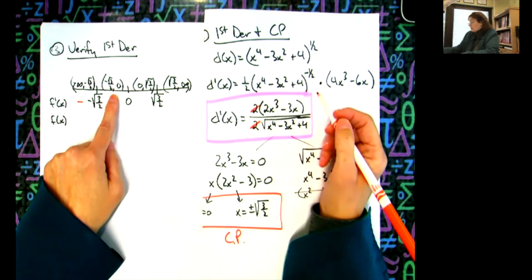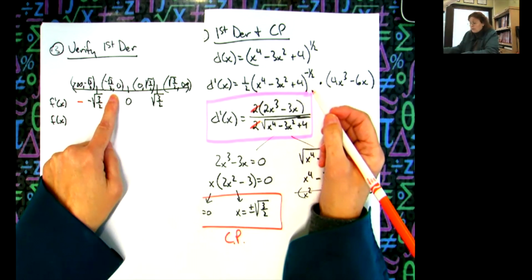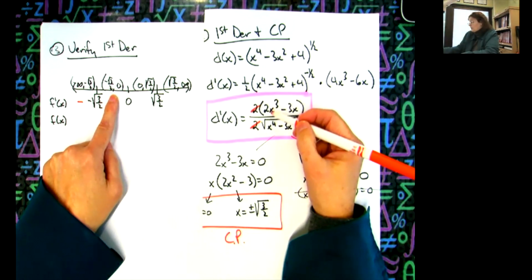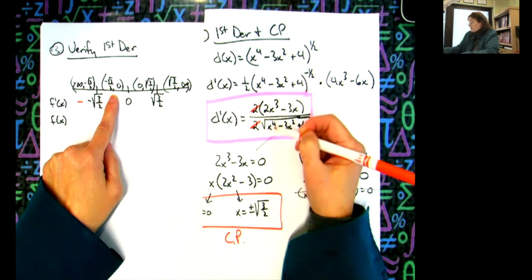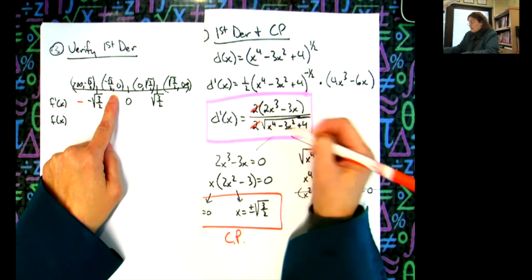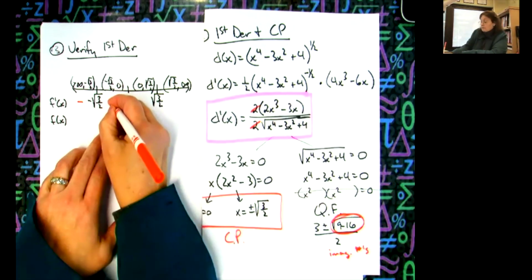Now we're going to plug in, let's say, a negative 1 from this interval. This will be a negative 2 plus a 3, so this is going to be positive. If I do a negative 1 here, I'll have positive, positive, taking the square root, positive divided by positive, so this is going to be positive.